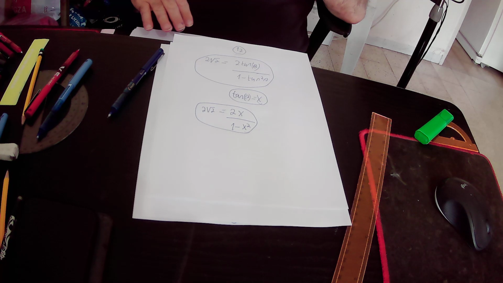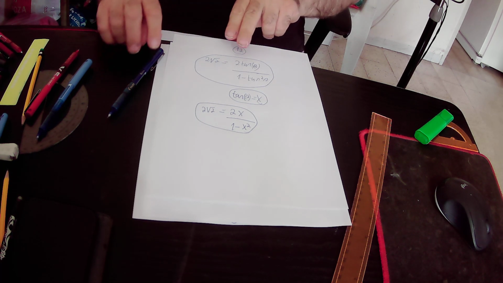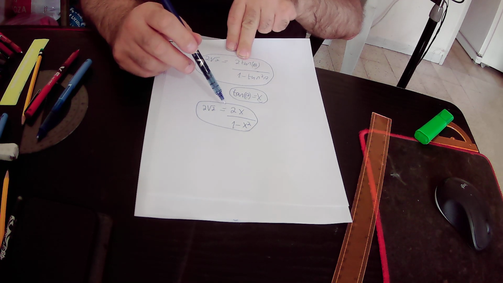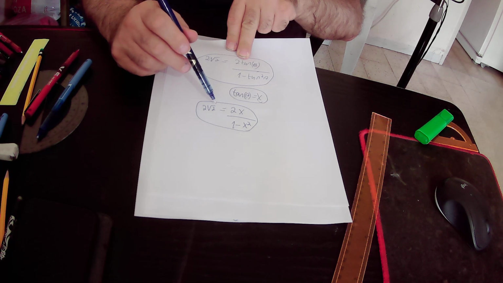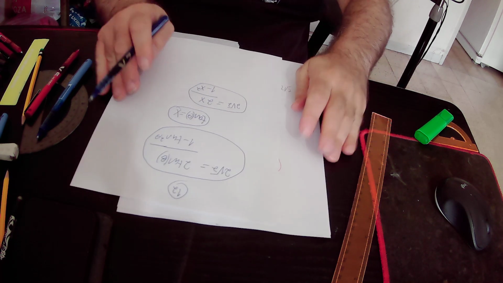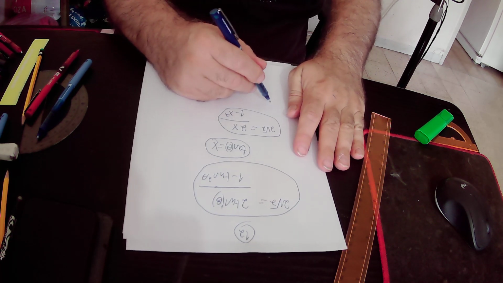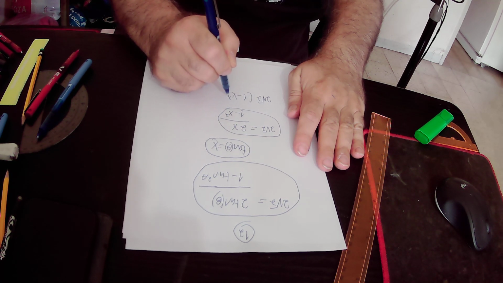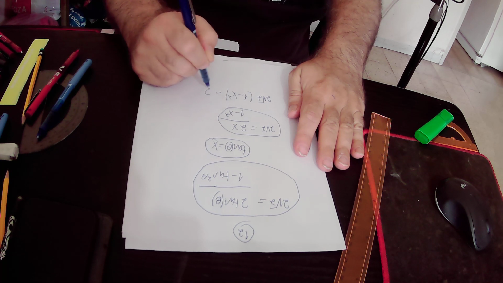Here we will cross multiply, or we will multiply this equality by 1 minus x square, and we will get that 2 times root 2 times 1 minus x square equals 2x.